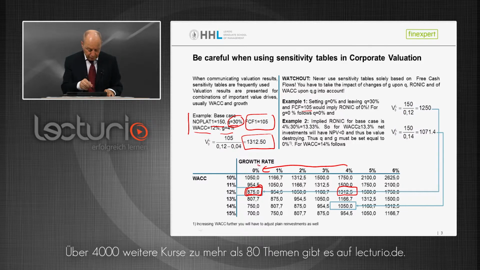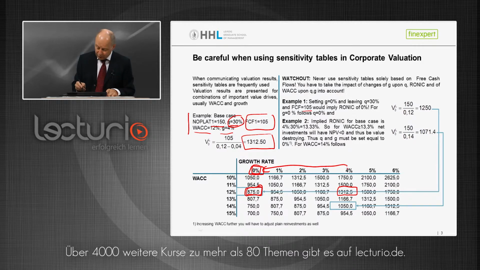You see that this obviously is not very reasonable, because that would mean that every year we would set aside a significant amount of money to acquire new assets, and the new assets would not create any return and any additional growth in earnings.